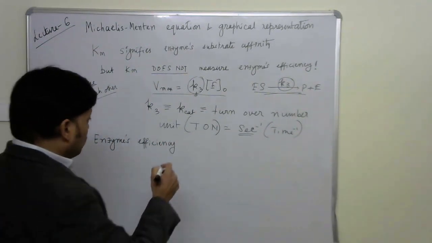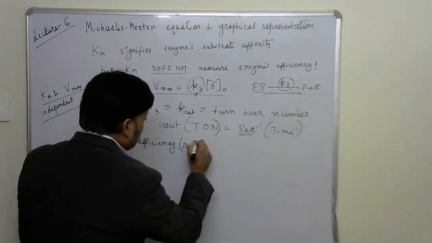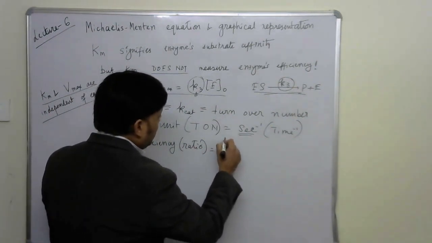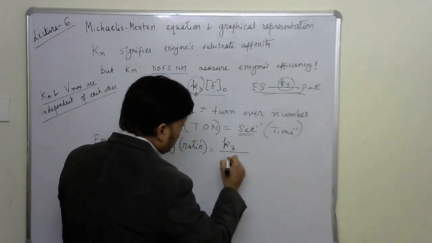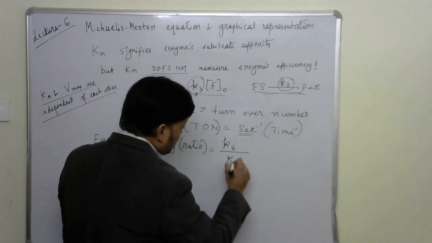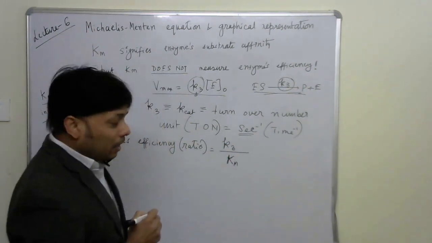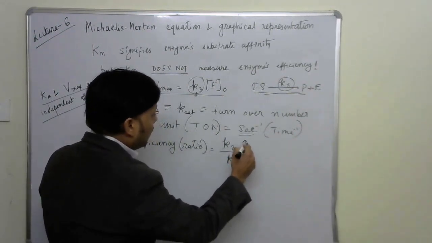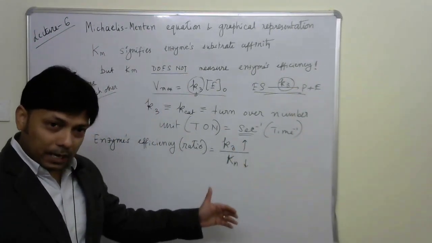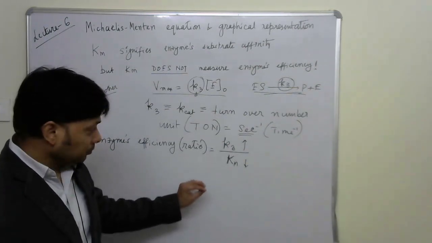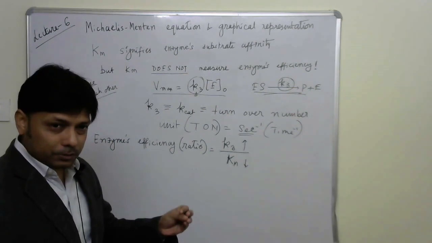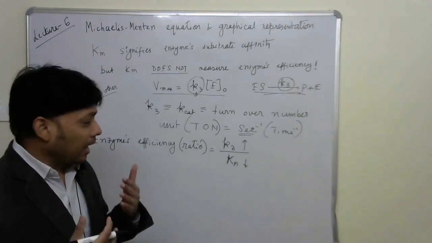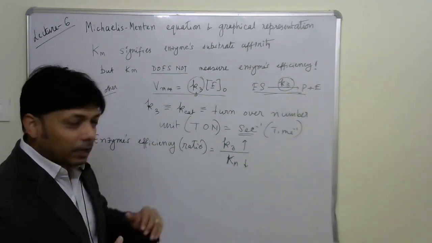This is denoted by a ratio: the turnover number K3 divided by the respective Michaelis constant, Km. So if we have a lower Km and a higher K3 value, we would reach an ideal situation where the enzyme requires a very low substrate concentration to reach its maximum performance point, and that point is also very high because we have K3.